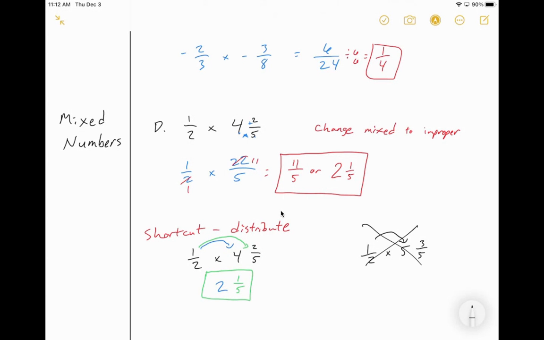This is not when you use the shortcut, okay? The shortcut only works when the numbers divide evenly, when it divides well, okay? Hopefully that makes sense. And if the shortcut doesn't make sense to you at all, don't even use it. Changing everything to improper will work every single time. So let's try another couple of examples of this.